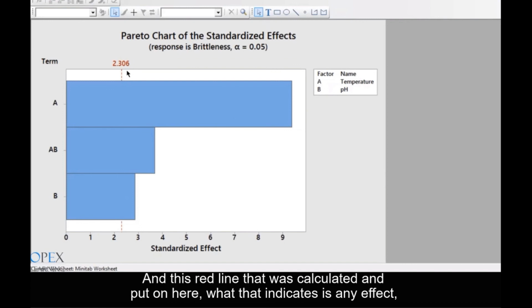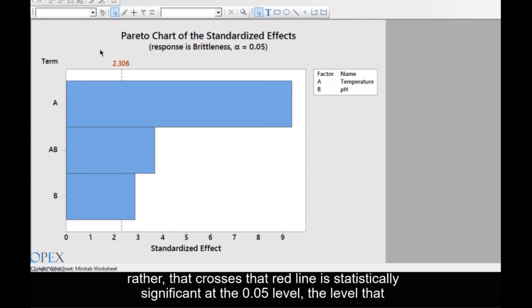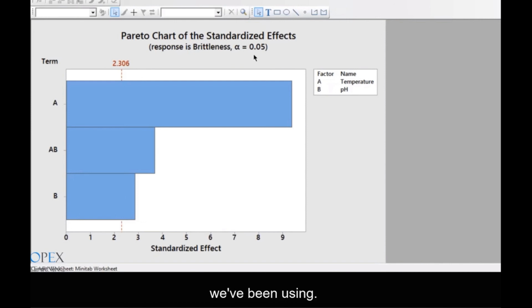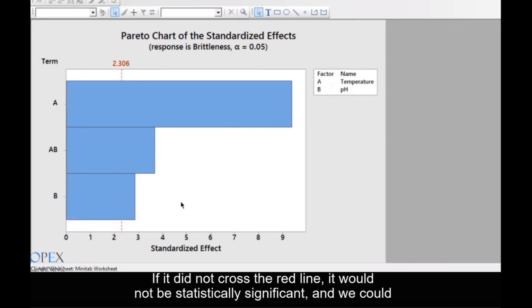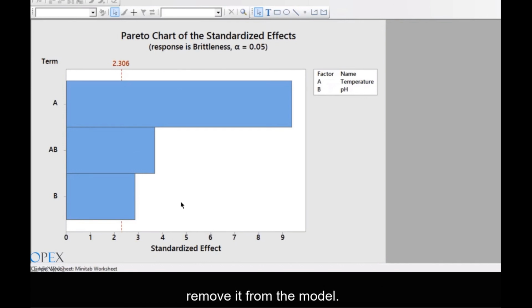And this red line that was calculated and put on here indicates that any effect that crosses that red line is statistically significant at the 0.05 level, the level that we've been using. So if it crosses the red line, and they all do, they are statistically significant. If it did not cross the red line, it would not be statistically significant, and we could remove it from the model.